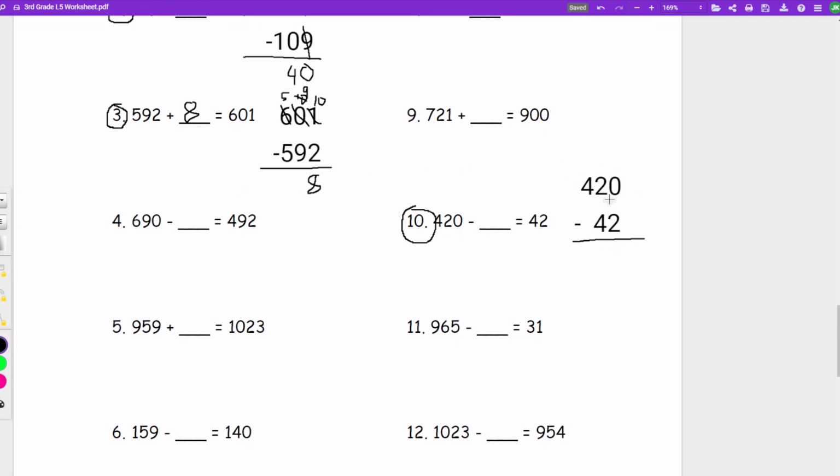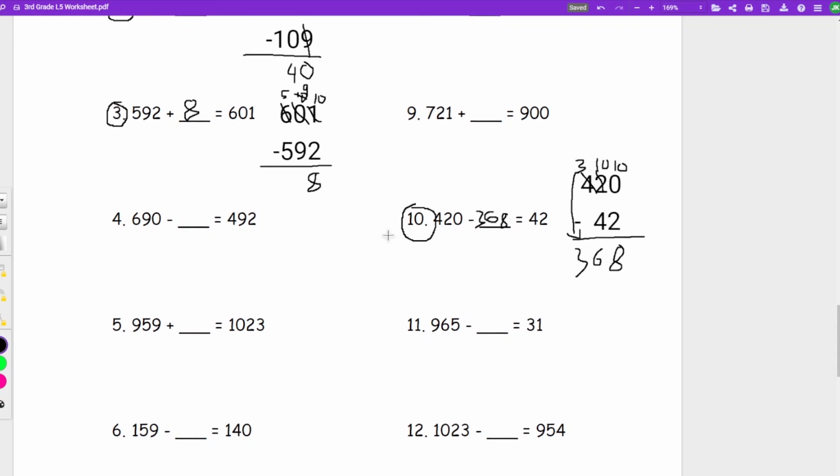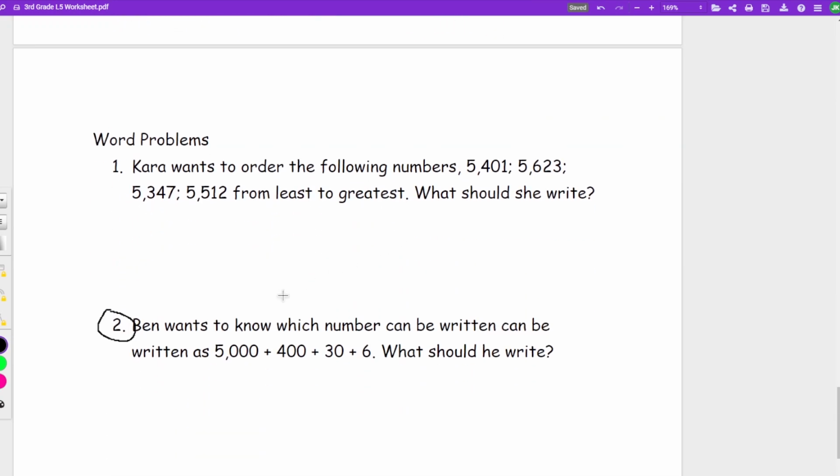So 2 minus 0, I have to change that to a 1, carry that 1, it becomes 10. 10 minus 2 is 8. 1 minus 4, you can't do that, so that becomes a 3. And this, the 1 becomes a 10. 10 minus 4, 6. And then I just bring the 3 down, and I get 368. There we go.